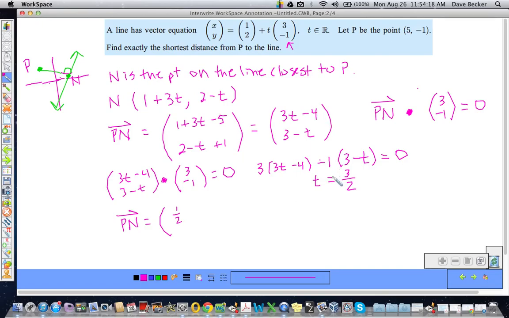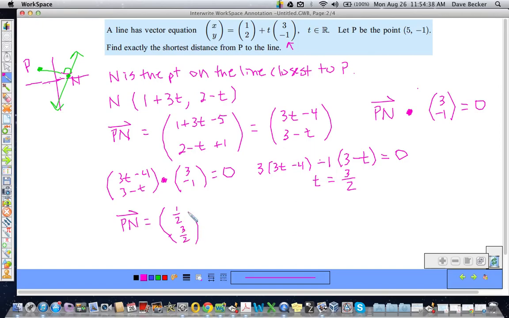And then 3 minus 3/2, what an idiot I am, that's equal to 3/2, oddly enough.